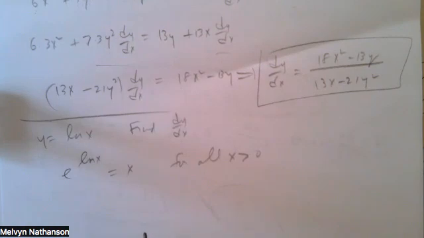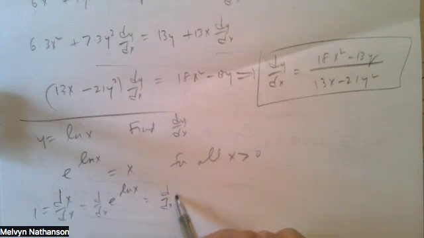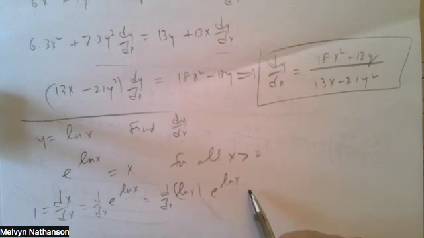Actually, here I'm just using the chain rule. So the derivative of x with respect to x is the derivative with respect to x of e to the log x. The derivative of x with respect to x is 1. The derivative of e to the log x is, by the chain rule, the derivative with respect to x of the log of x times e to the log x.